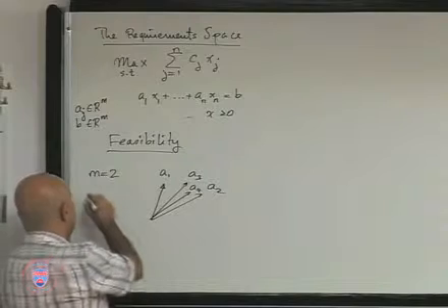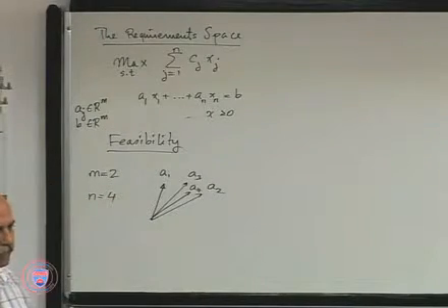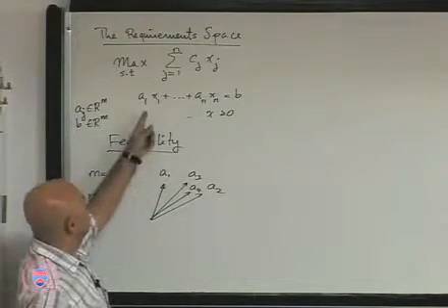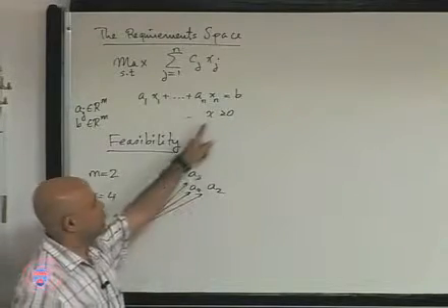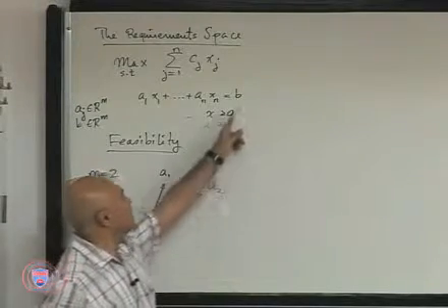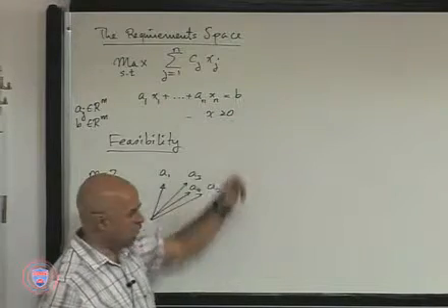And assume in this case we've got, say, 4 columns like that, okay? Now, this equation tells you that I want to multiply my column vectors with non-negative numbers, add them up, and get the right-hand side vector B, okay?